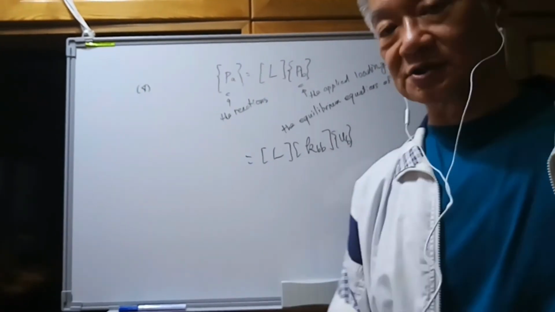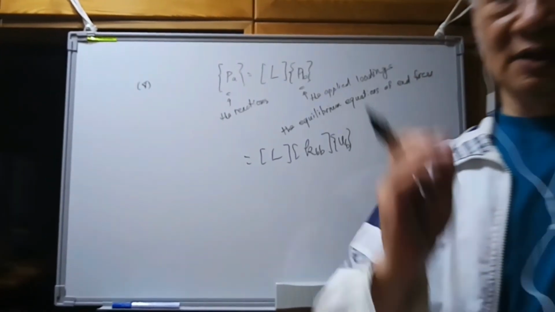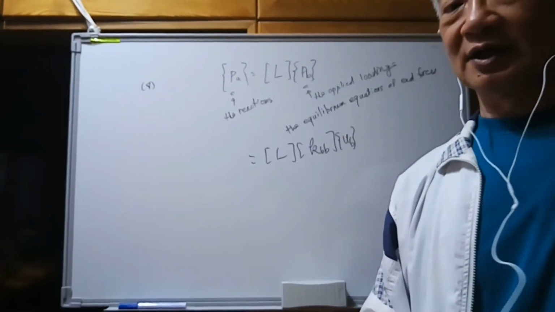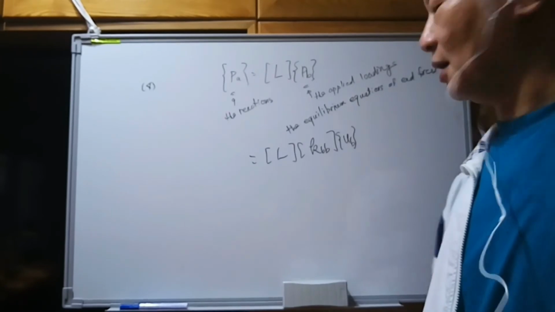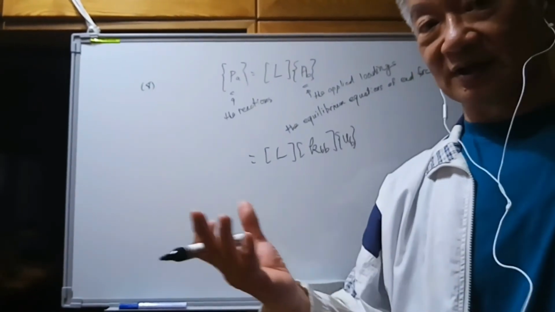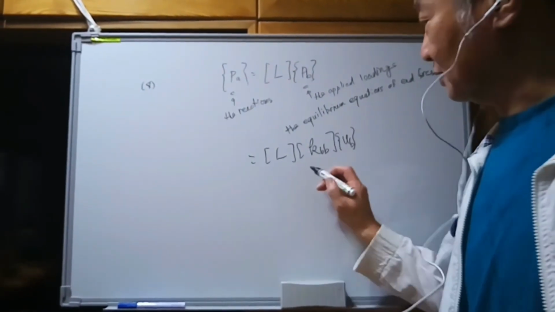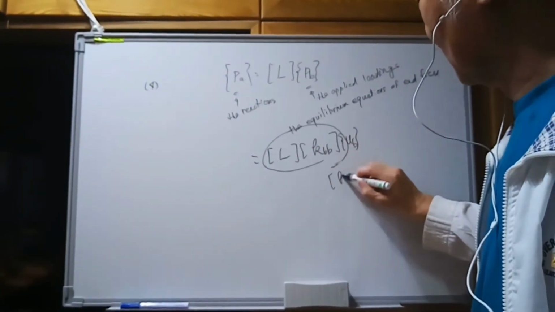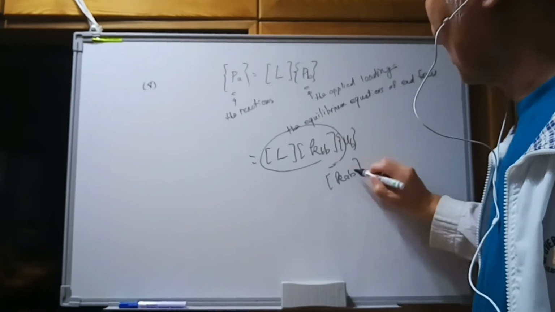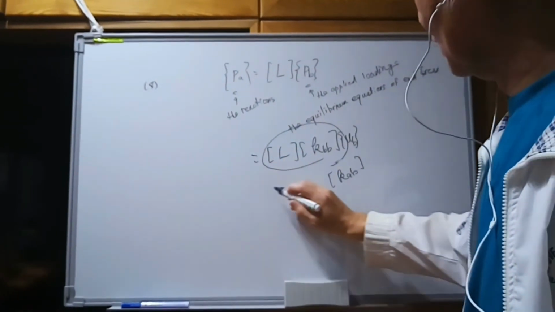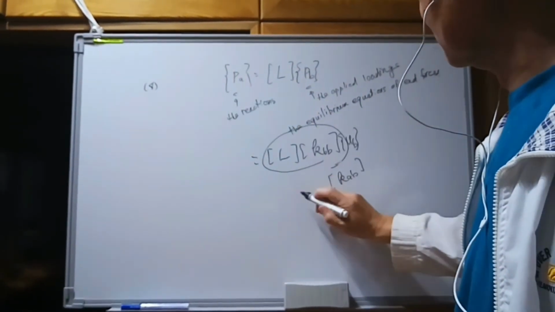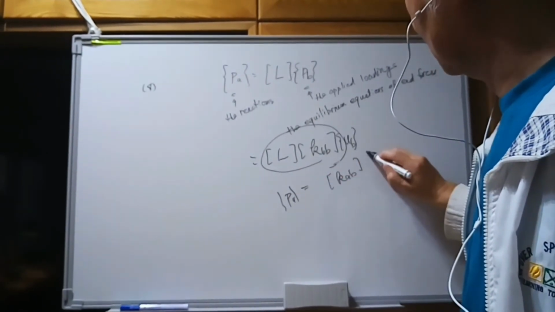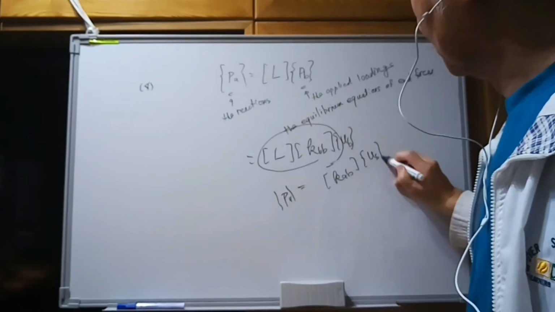Okay, so for this special case, the applied loadings can be replaced by KBB times UB. You can get the KA. And if we multiply these two together, then we can get the KAB. So PA is equal to KAB multiplied by UB.